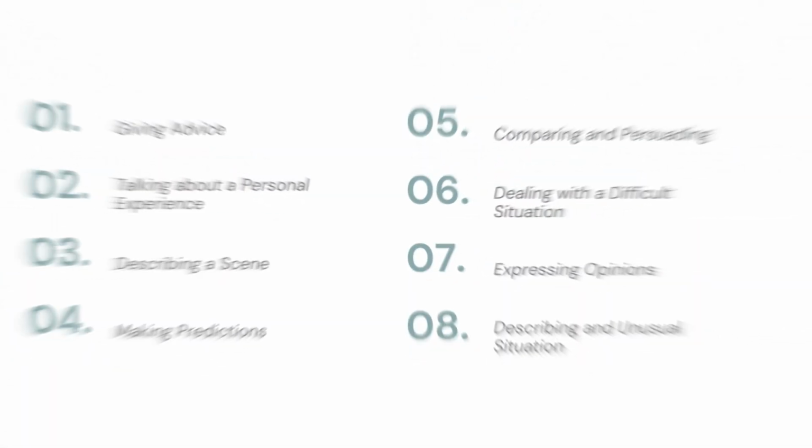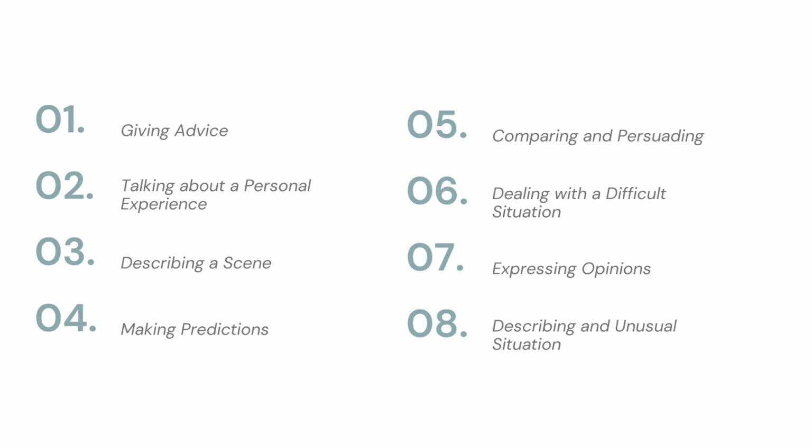The 8 tasks for CELPIP Speaking are: number 1, giving advice; number 2, talking about a personal experience; number 3, describing a scene; number 4, making predictions; number 5, comparing and persuading; number 6, dealing with a difficult situation; number 7, expressing opinions; and number 8, describing an unusual situation.